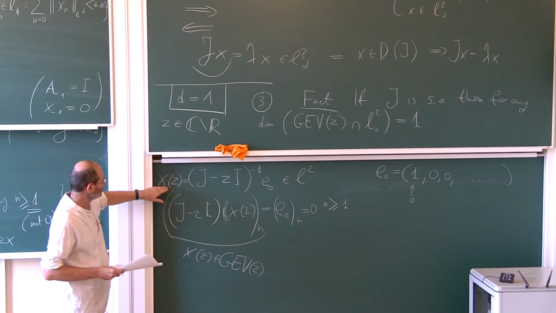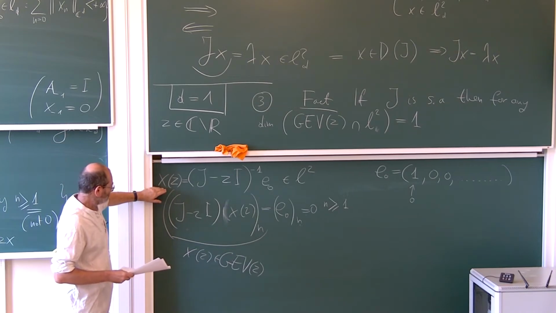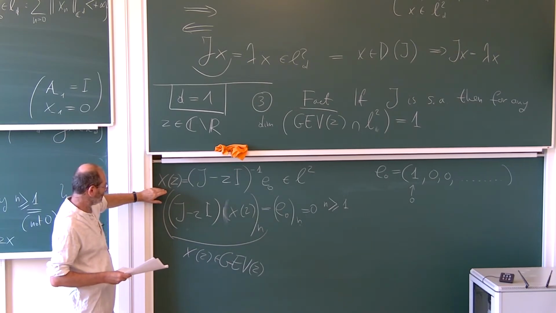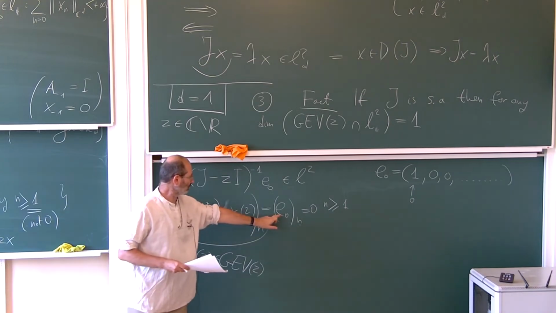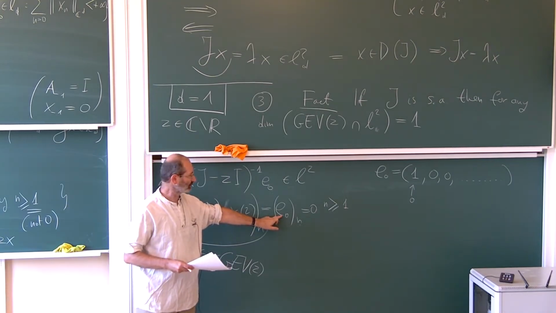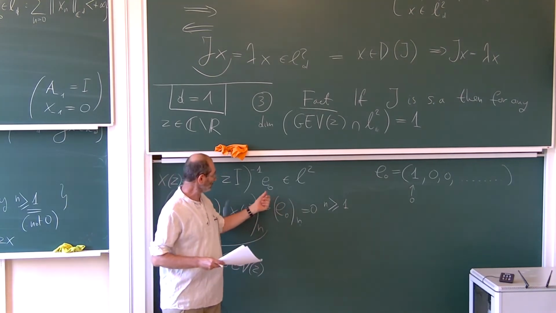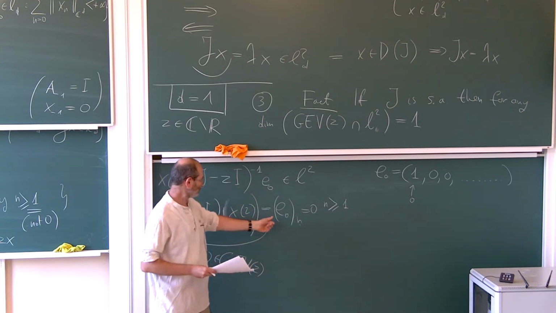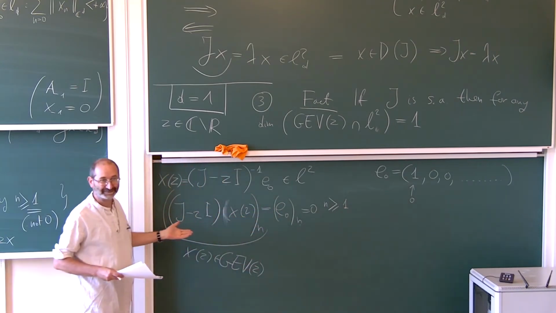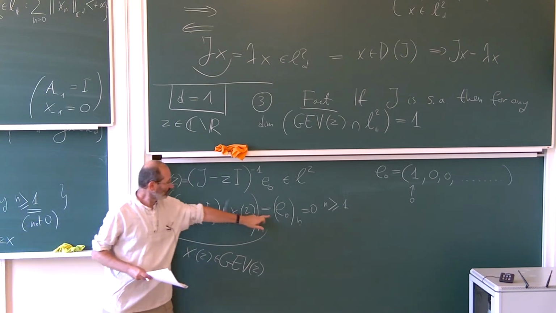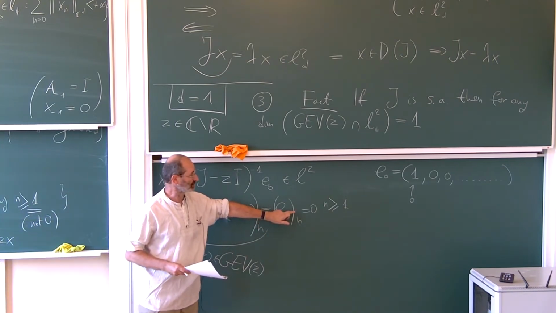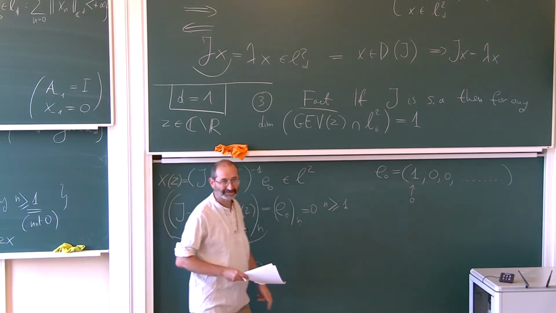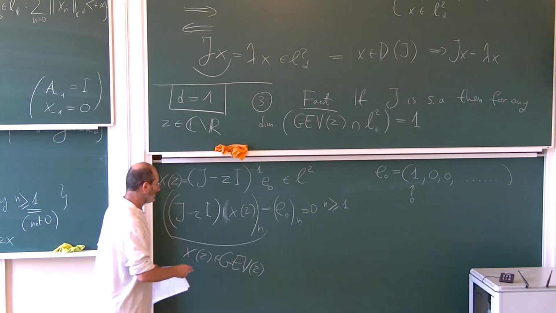It cannot be 0, because if it is 0, we will obtain 0 here, and this is not 0. So this is a non-zero vector.